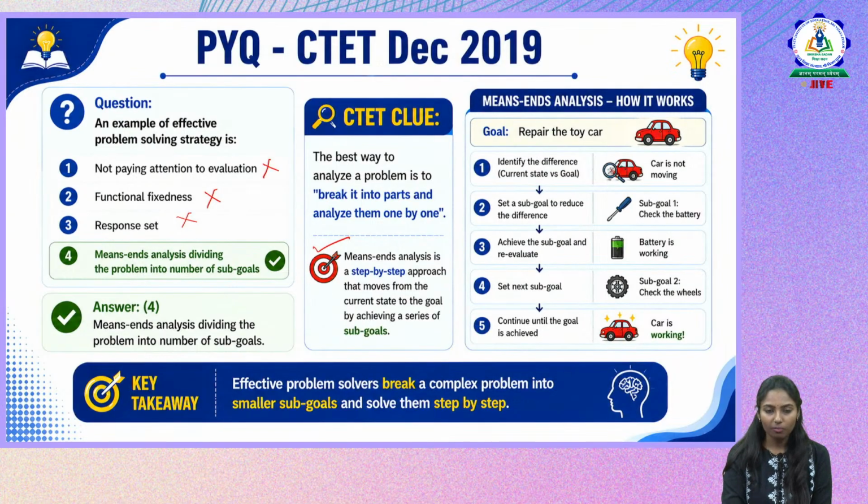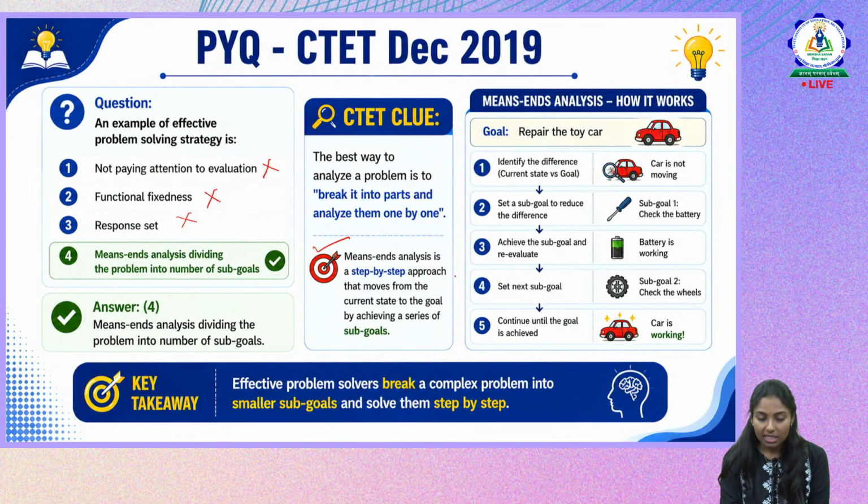So in well-structured problem, we know the problem. And now what happens here is, means is the starting point and end is the ending point. So बीच में जो है आप छोटे छोटे टुकड़ों में उसे बांट के you can analyze each of them one by one. This is nothing but called means ends analysis.